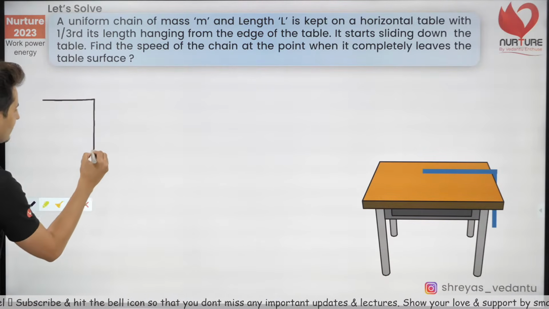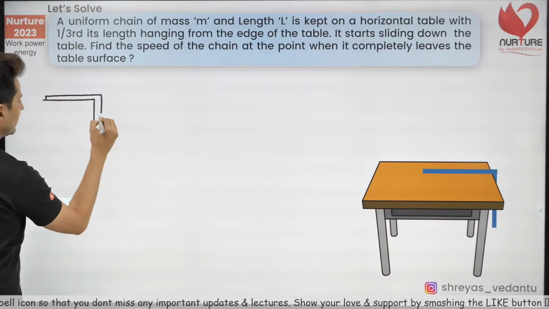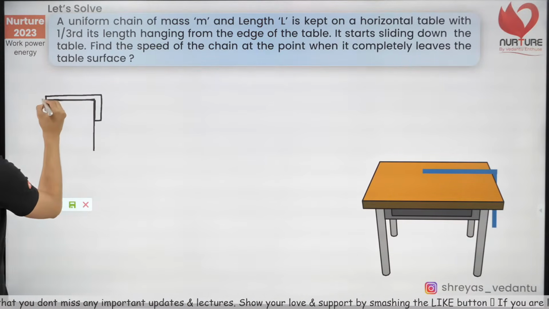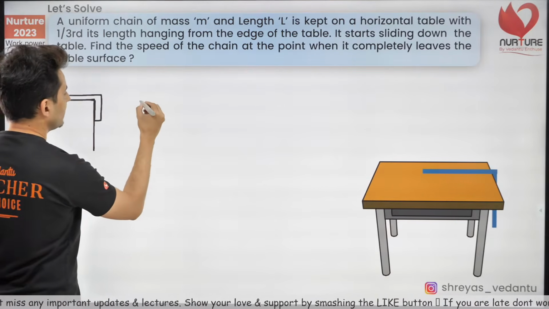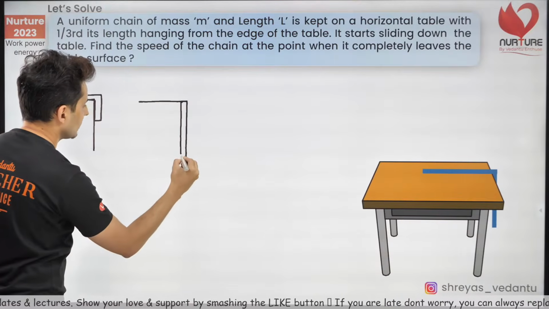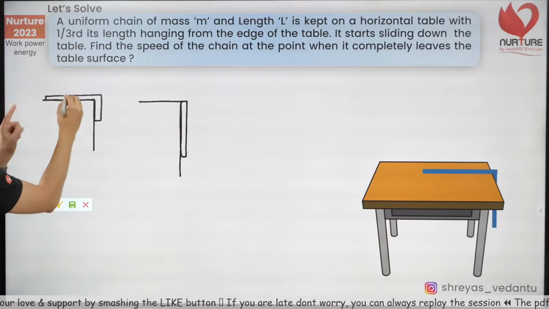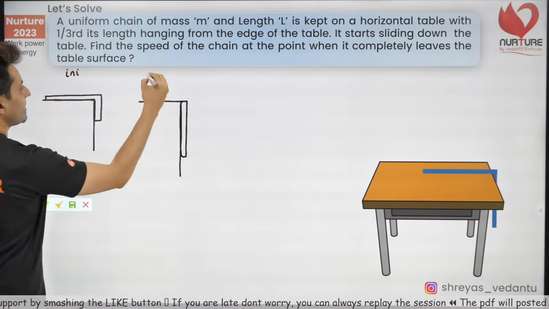Okay, let's solve this. Initially, 1/3 of the length is hanging over here. Eventually, the entire chain slips down. So this was initial, this is final.